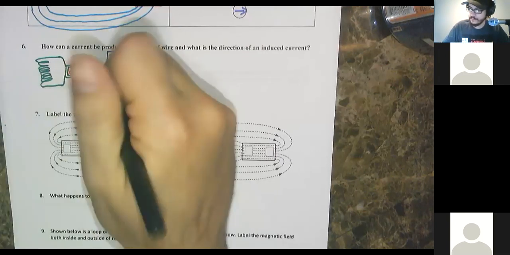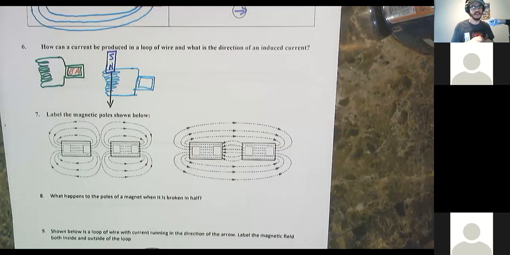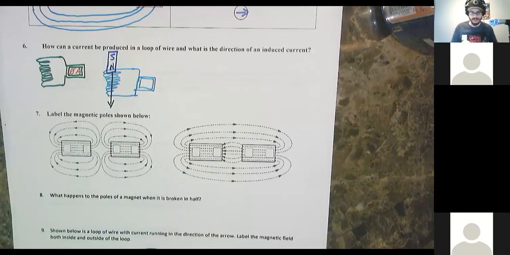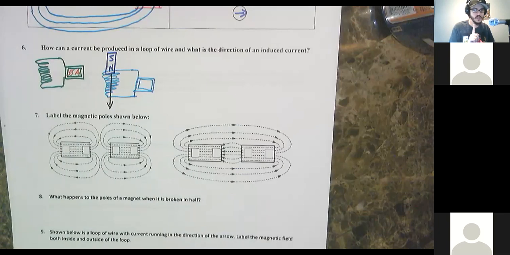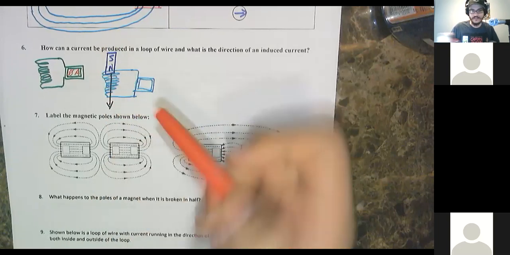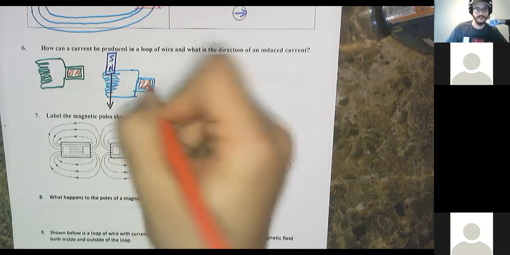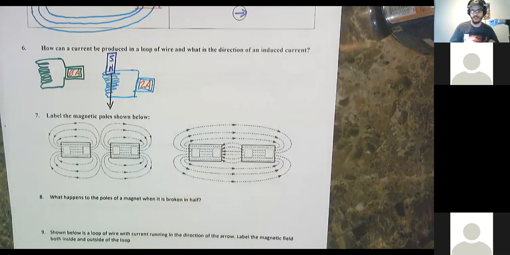As that magnet moves through the loop of wire, a changing magnetic field, this is what Michael Faraday discovered, a changing magnetic field produces a current in a nearby conductor. As long as this magnet is moving, motion is a kind of change, and it changes its magnetic field as it moves. So you're going to have, let's say, 2 amps of current read as long as this is moving.